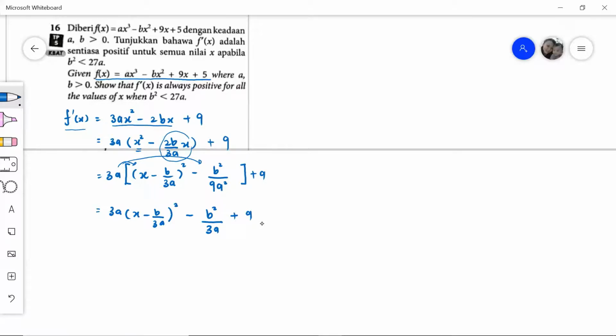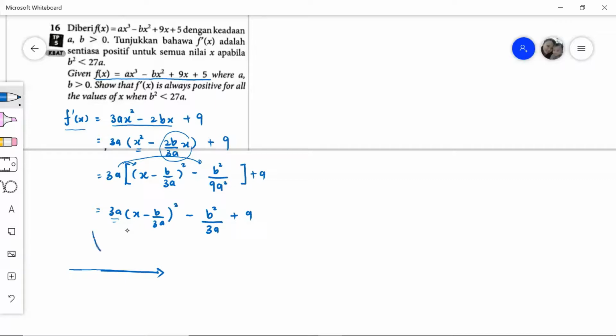So we have already written this in vertex form. For this quadratic function, for it to be always positive, it must never touch the x-axis. Since a is positive, it must be a smiling face graph.